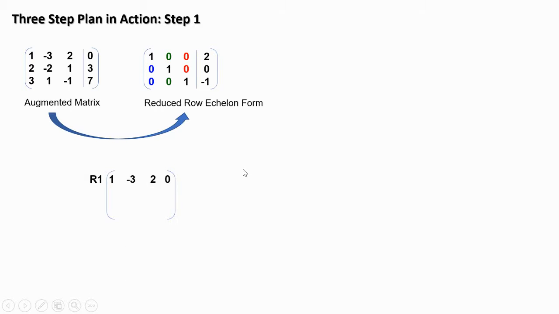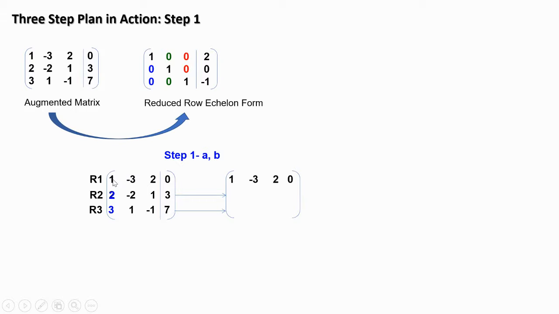So step 1, we've got row 1, row 2, and row 3. When you do step 1, row 1 stays the same. And then the 2 on row 2 must be a 0, and the 3 must be a 0. So I'm going to change row 2 and row 3 by using row 1.